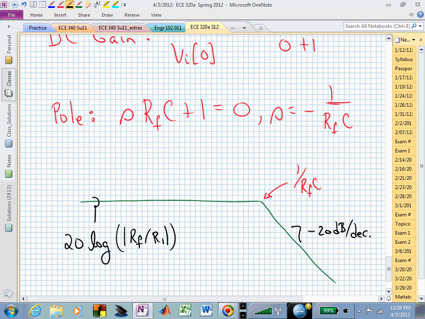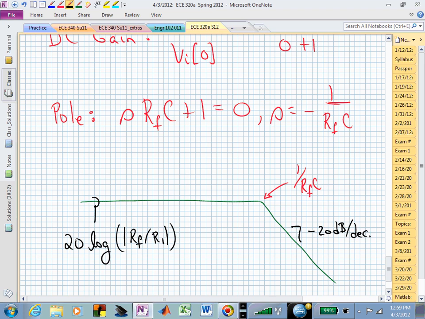If we said that 1 over R sub F C, our pole, was at 4, and let's say that R sub F was equal to R sub 1, we would have log of 1. What's that? 0. So this would now be at 0 dB until we reached that pole. Did I say it was 4? I don't remember what I said 1 over R sub F C was.